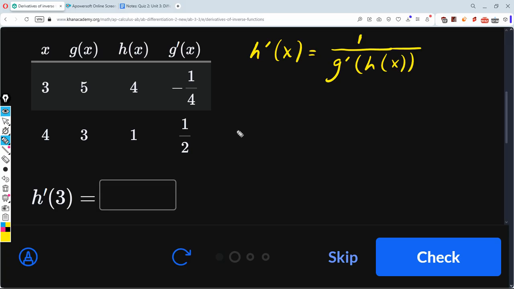All right, so we're looking to do h prime of 3. So we're subbing in x equals 3. That's going to be 1 over g prime of h of 3.